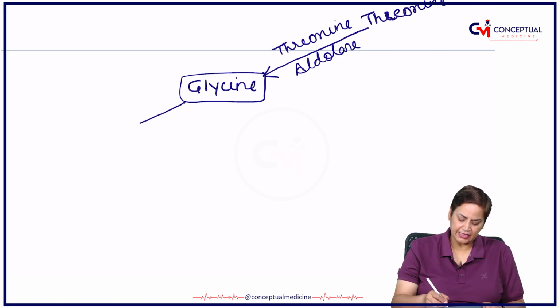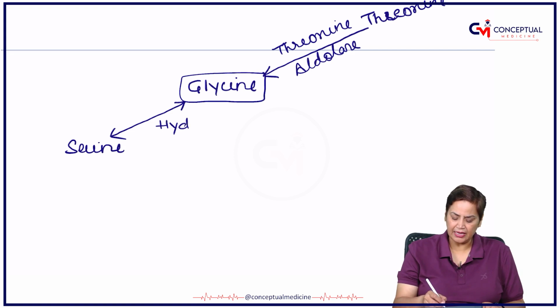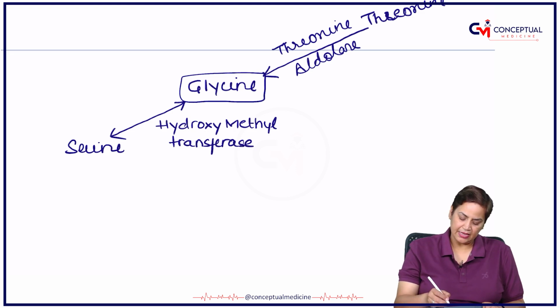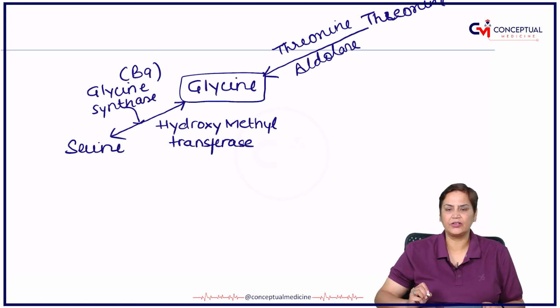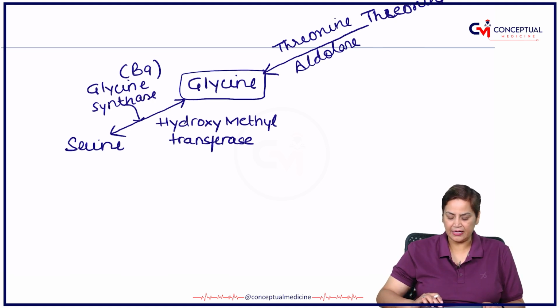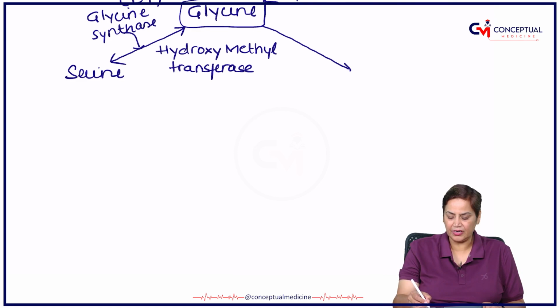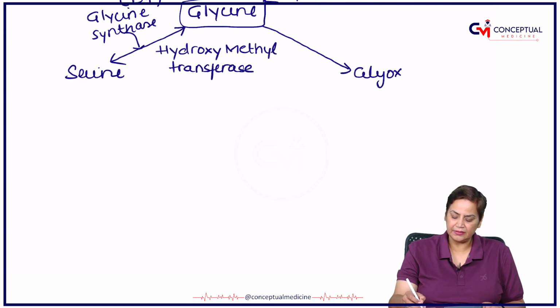Then this glycine can be converted into serine by the enzyme serine hydroxymethyltransferase, and you can say here glycine synthase, which will require folic acid for its function. And similarly glycine can be converted into glyoxylate.